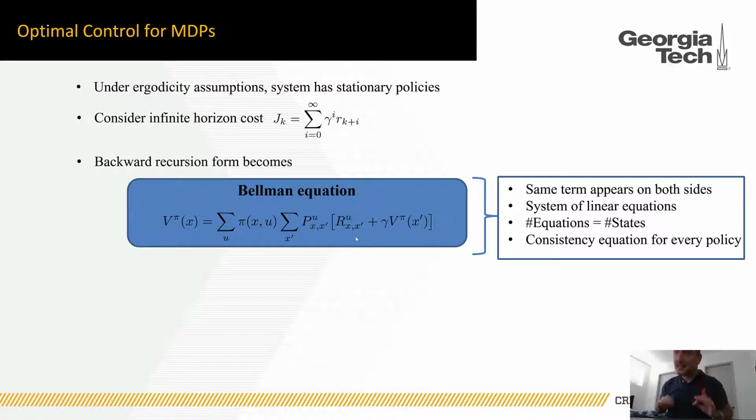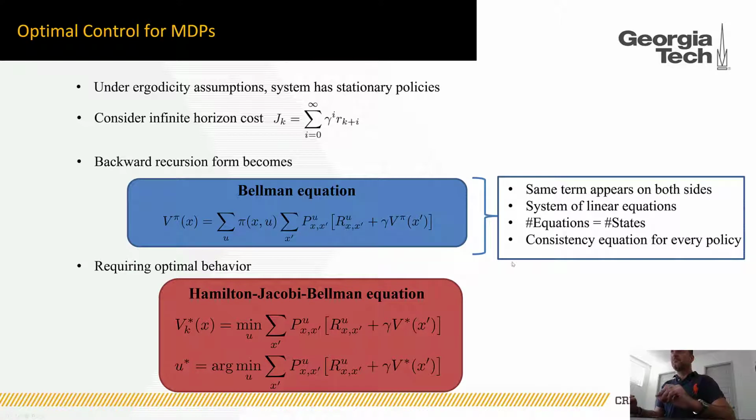So this is a system of linear equations which has the same number of equations with the same number of states. And then, if of course you go back to what you saw before and put your optimal policy inside your value, then you will find what is called the Hamilton-Jacobi-Bellman equation.